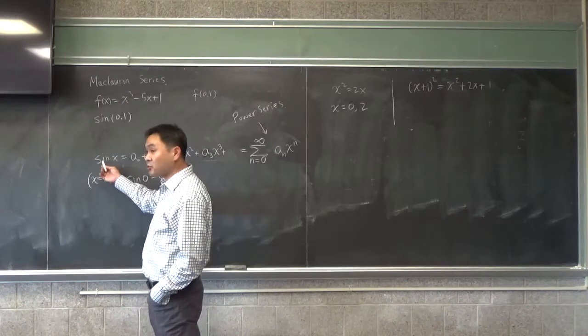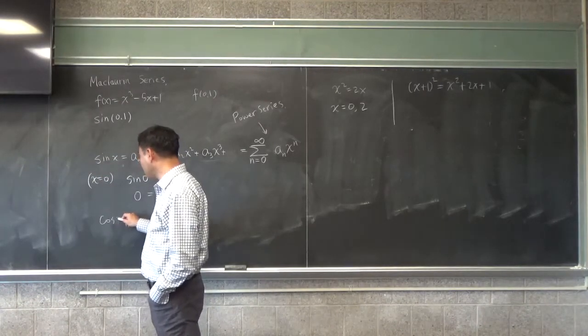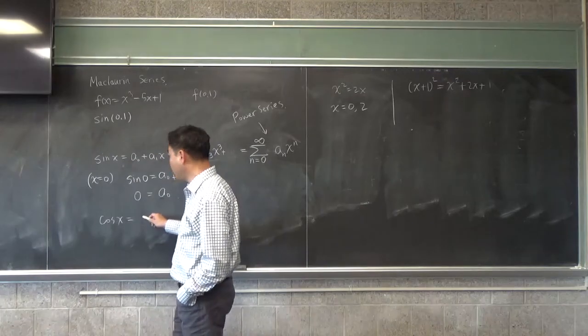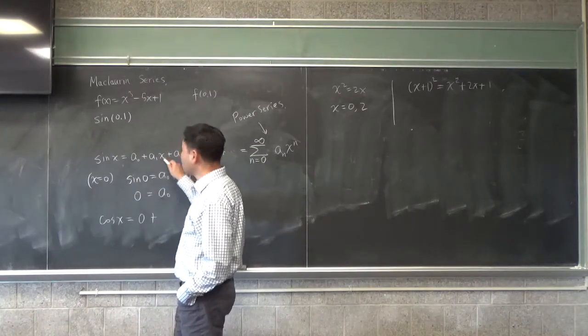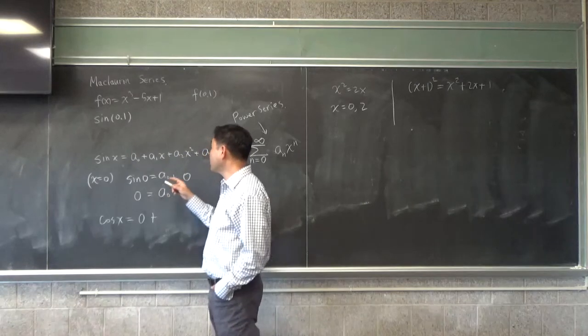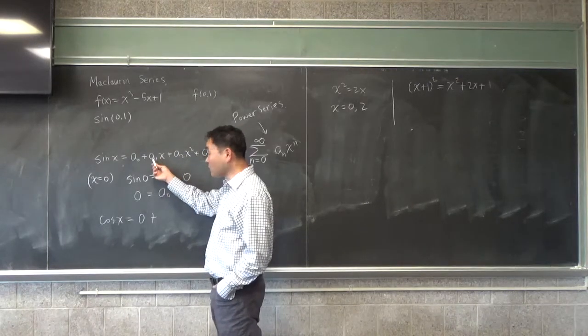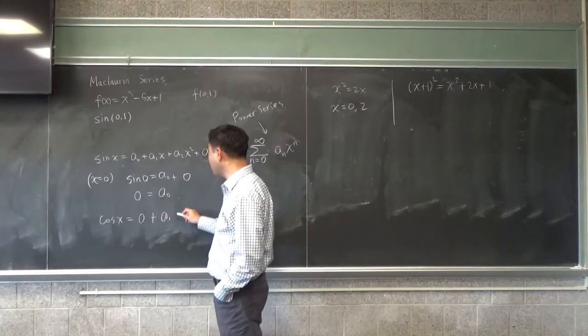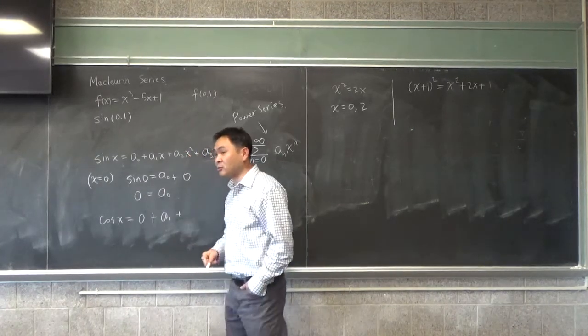So if you differentiate sine, you get cosine of x. If you differentiate a0, you get 0. What do you get if you differentiate a1x? 1. x differentiates to 1, but that's a constant multiple, right? So it's a1 times 1, so it's just a1. What about this one? a2x squared?